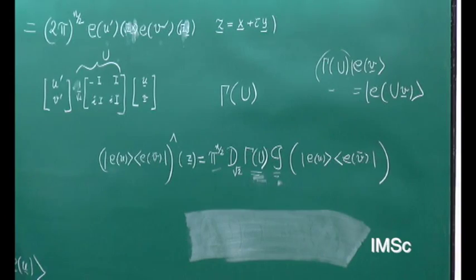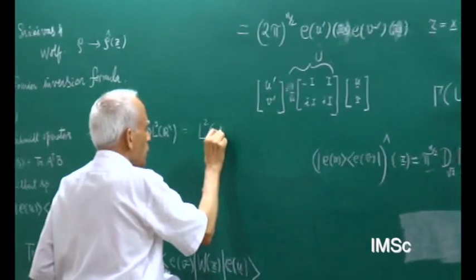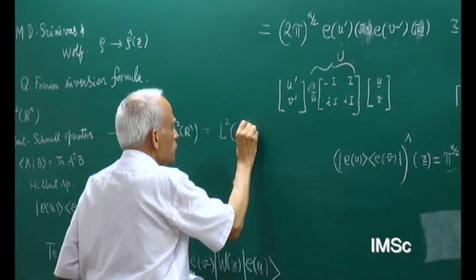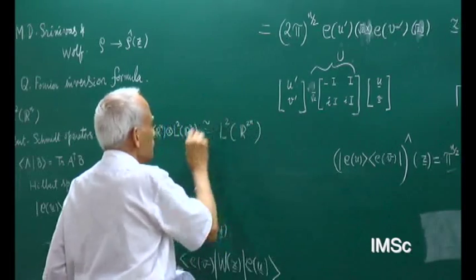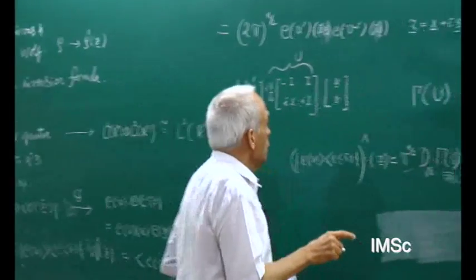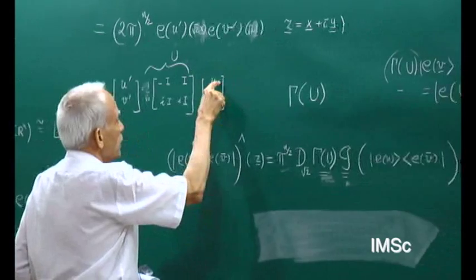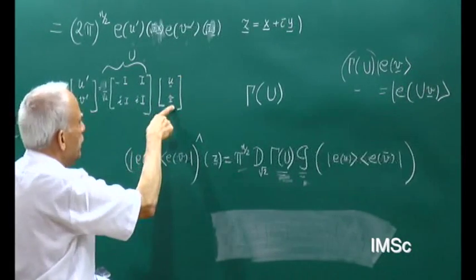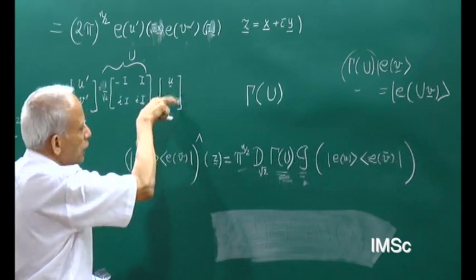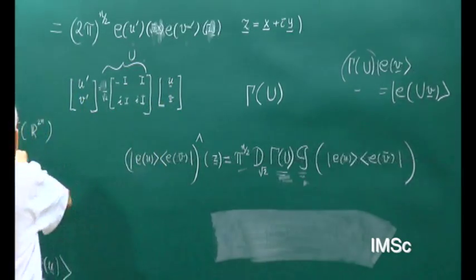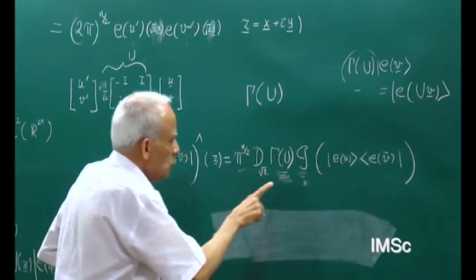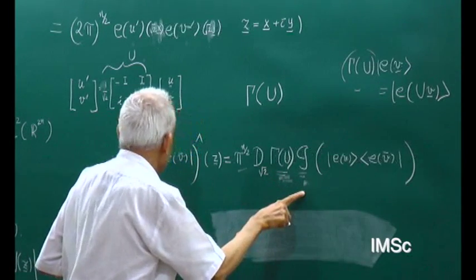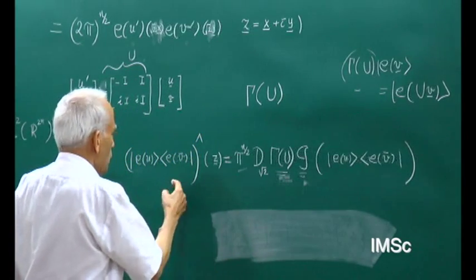This is also L2 of Rn direct sum Rn, which is R2n. E(u) is an element in Rn, E(v) is an element in Rn, and you are having a tensor product, so you get a function here. So all these are unitary.